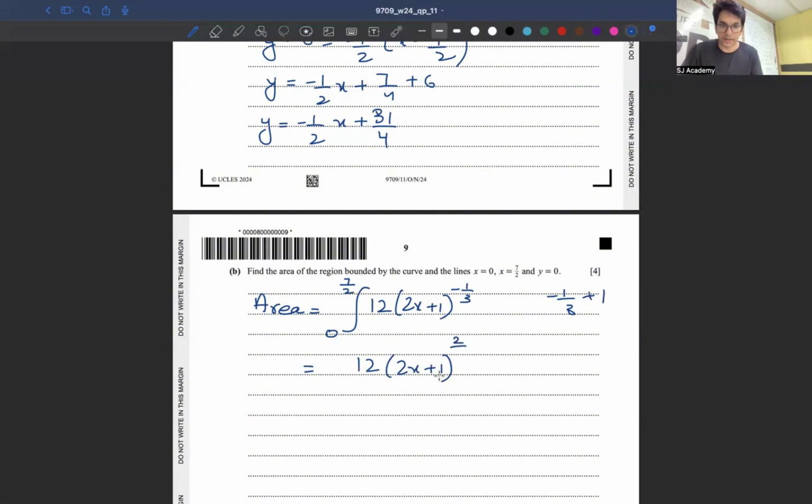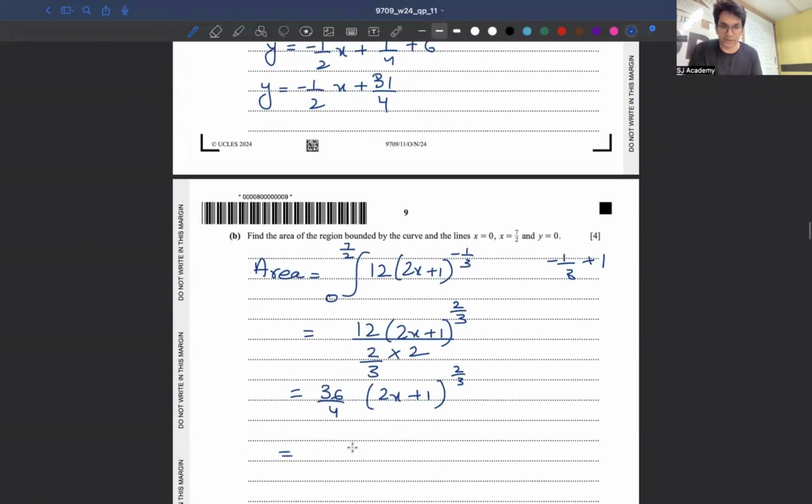We divide by 2 by 3 and also by the derivative of 2x plus 1, so that will become 4 upon 3. This 3 will go into the numerator, making it 36 upon 4 into (2x plus 1) to the power of 2 by 3. Simplifying, we can write it as 9 into (2x plus 1) to the power of 2 by 3.